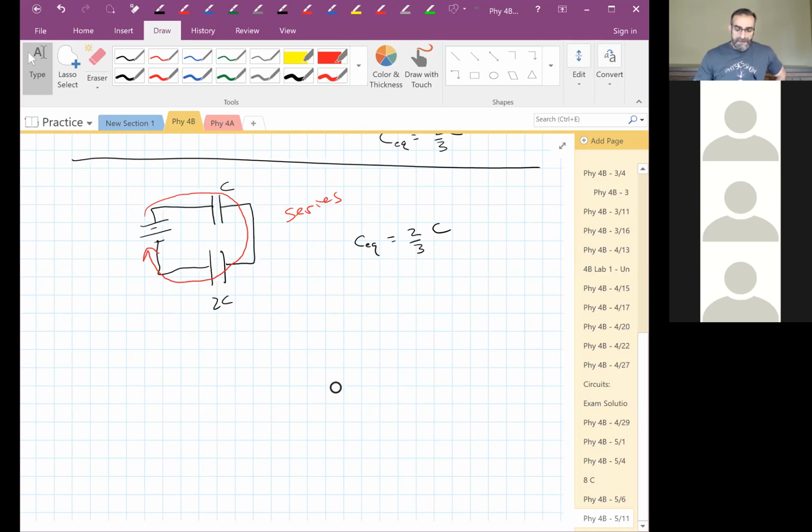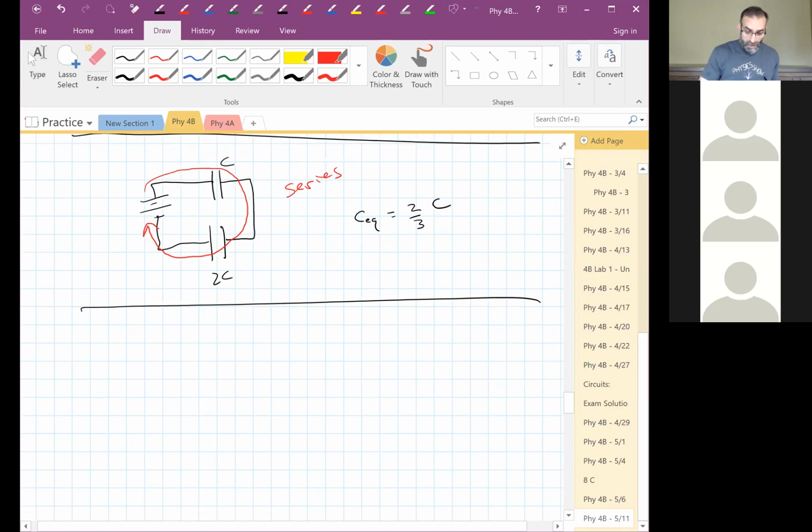All right, we're back. So what we want to do is use our rules for series and parallel capacitors to solve more complicated circuits. So let's start making these a little more interesting.